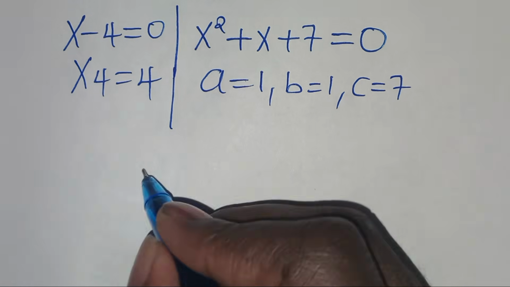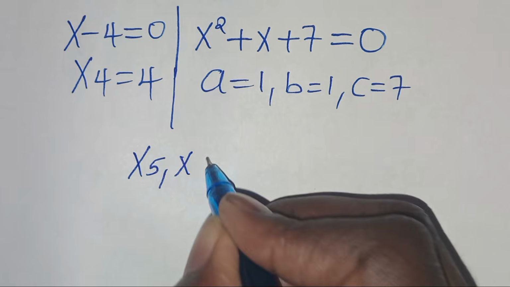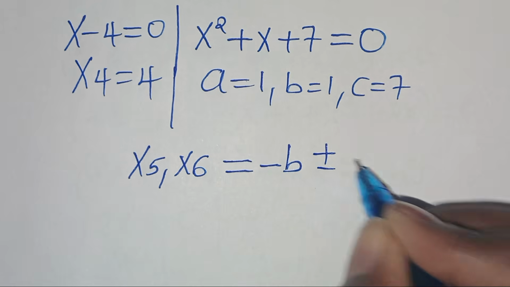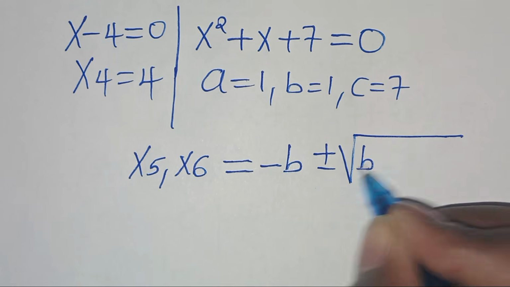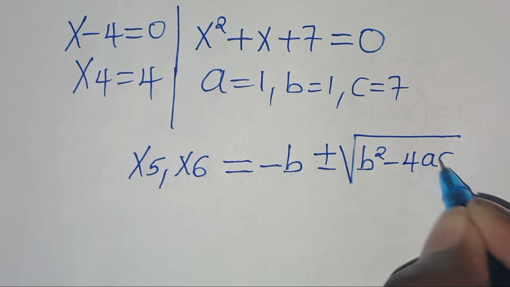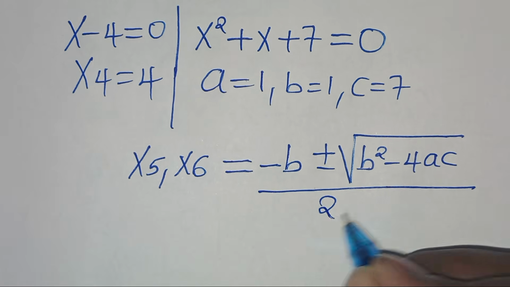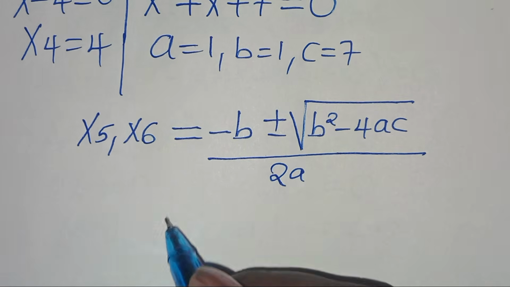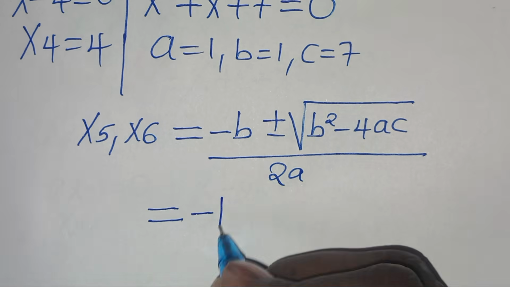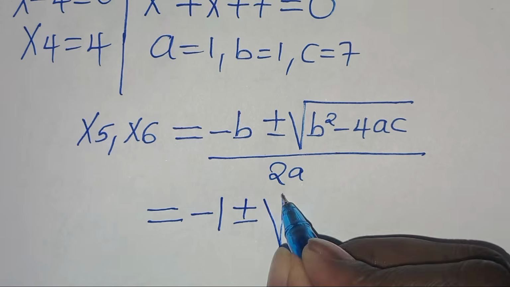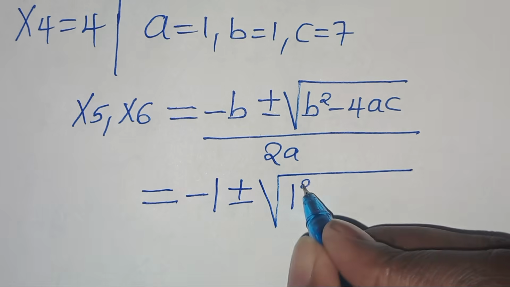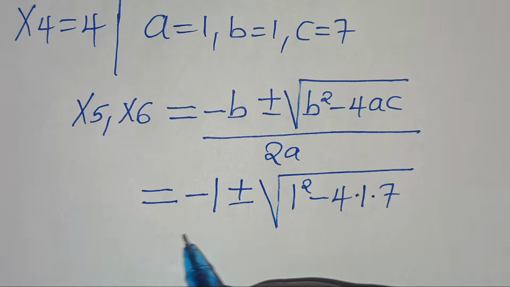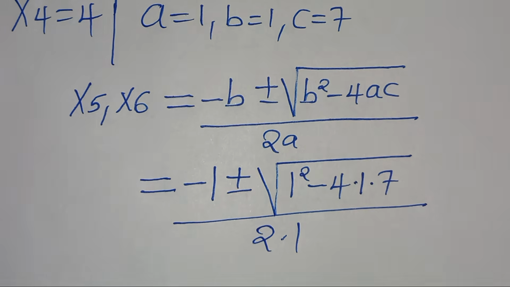Now we can solve for x5, x6 by applying the quadratic formula, which is minus b plus or minus the square root of b squared minus 4ac, everything here divided by 2 times a. Let's substitute the values of a, b, and c so that we have minus 1 plus or minus the square root of 1 squared minus 4 times a, which is 1, times c, which is 7, divided by 2 times 1.